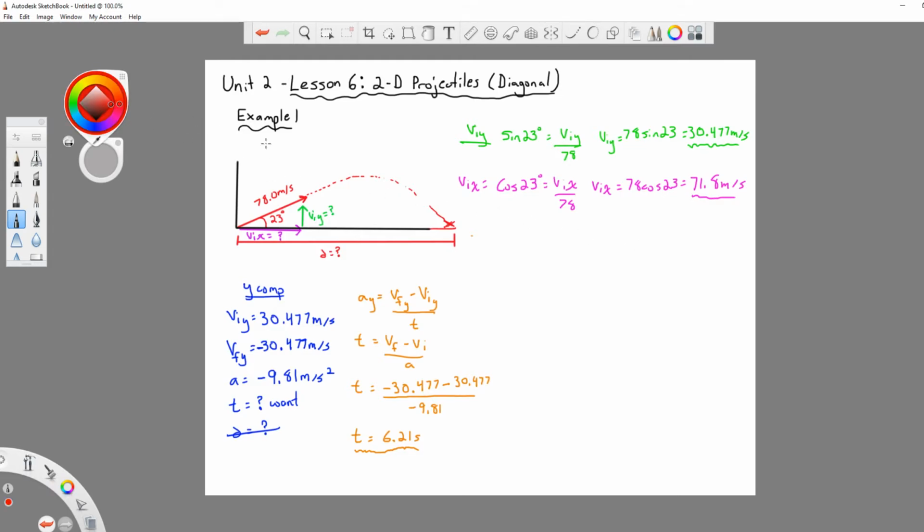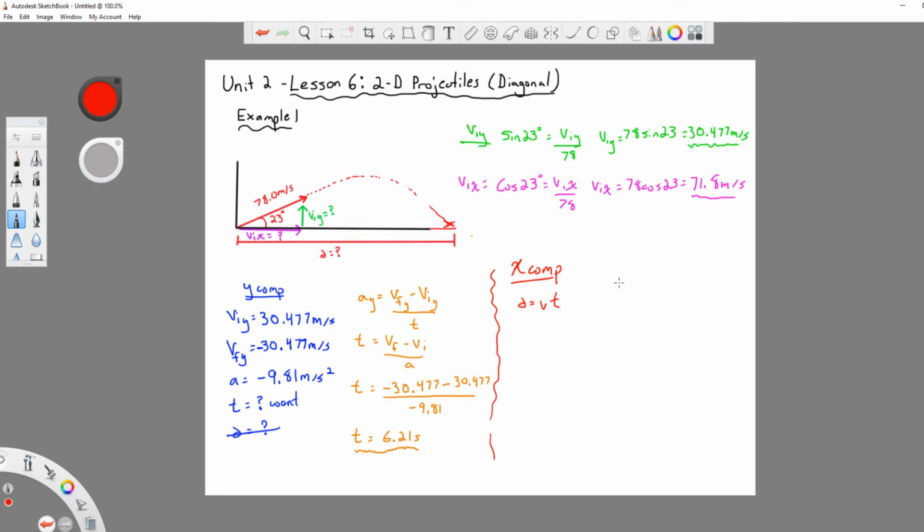Let's do back in red. Solve the x component. So divider wall here, x component, and make that look a little bit more like an x. Our formula is going to be distance is equal to velocity times time, because this is a constant velocity flying for some period of time, 6.21 seconds.